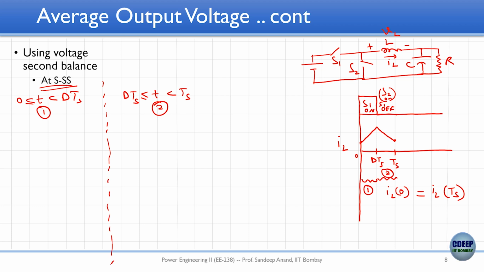In the first period, if switch S1 is on and S2 is off, you can represent the same circuit like this, right, because S1 is on, S2 is off. So this is how the original circuit would transform to. And in the second period, when S1 is off and S2 is on, the circuit transforms to this one.